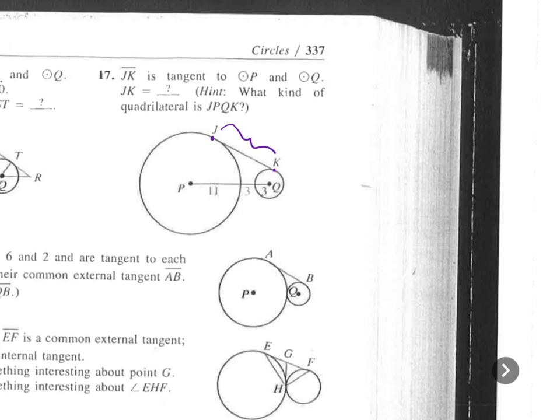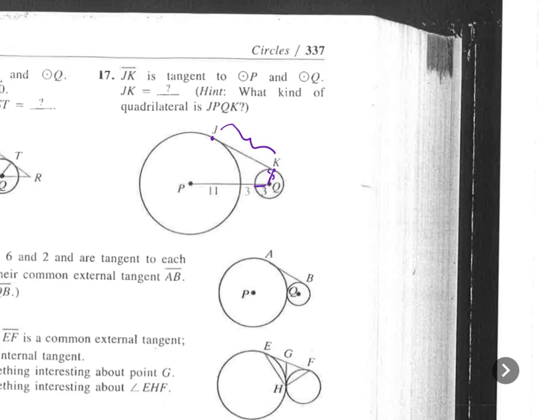Okay, now, to do that, remember we put those radii in there and created a parallelogram. Let's do that again. If I put QK in, that creates a 90-degree angle, and since the radius of circle Q is 3, that length is 3.